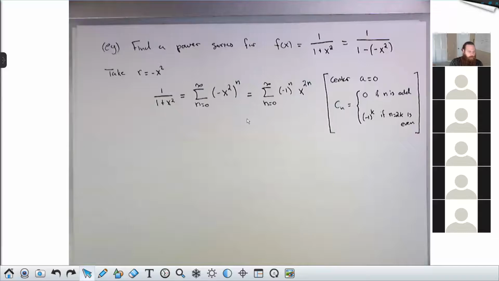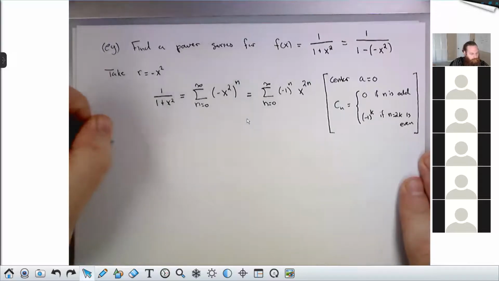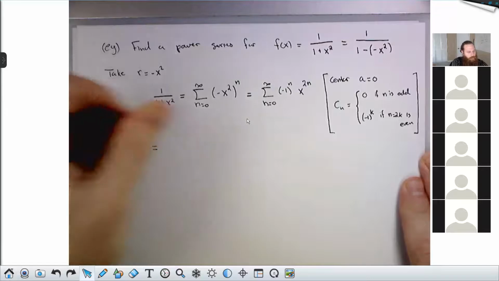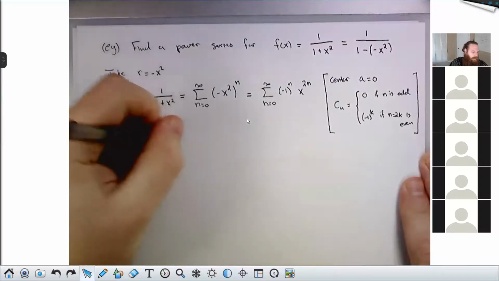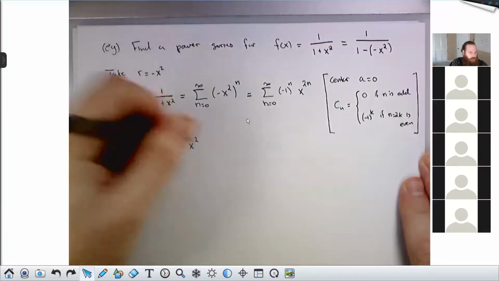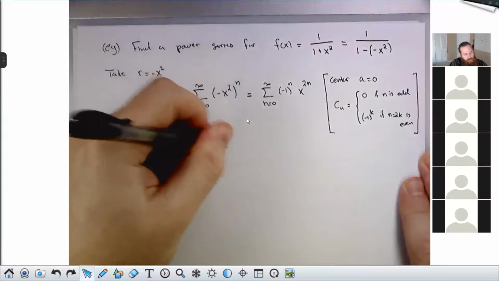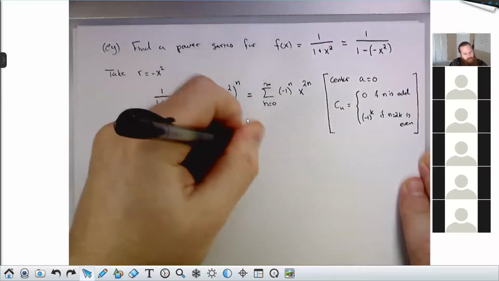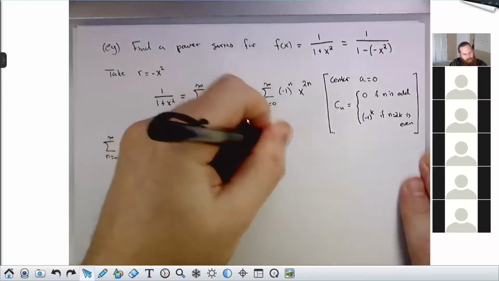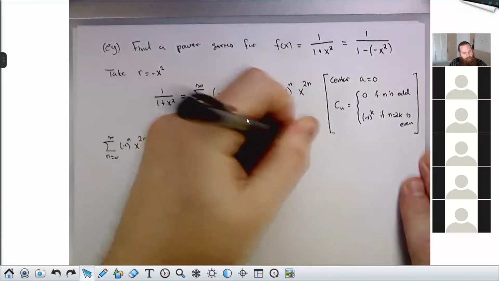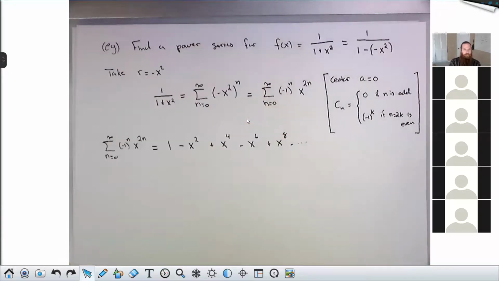So let me write out the first few terms of this series. When n is 0, we get 1. When n is 1, we get minus x squared. When n is 2, we get plus x to the 4, and then minus x to the 6, plus x to the 8, and so on. There are no odd powers of x in here, are there?